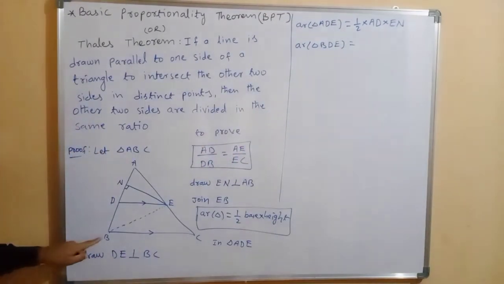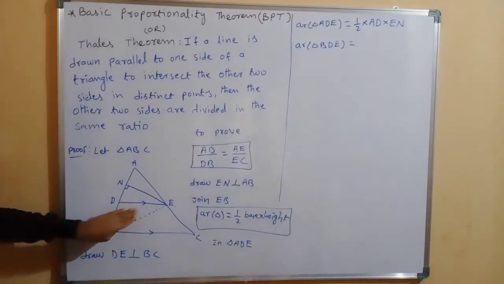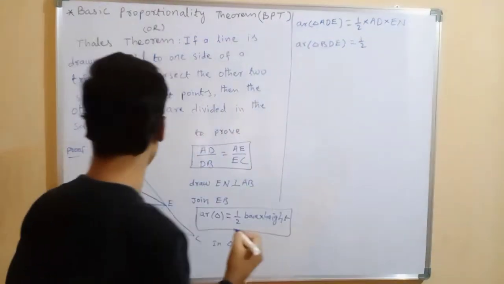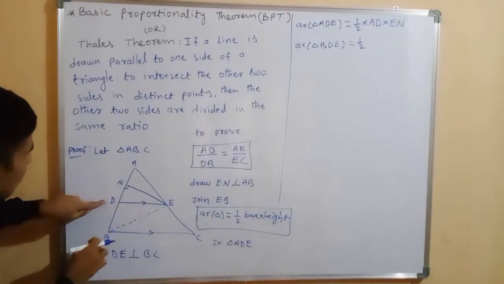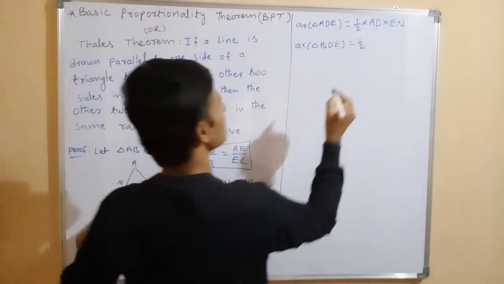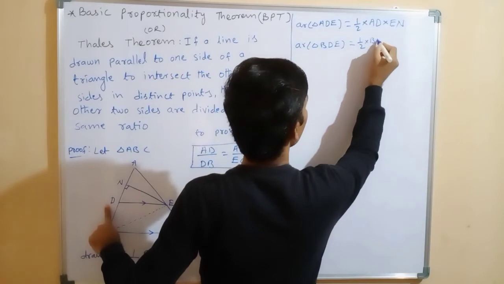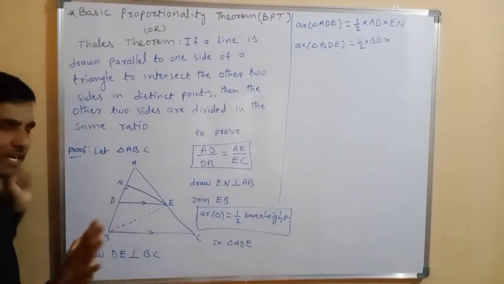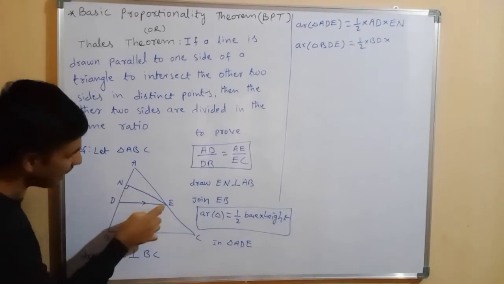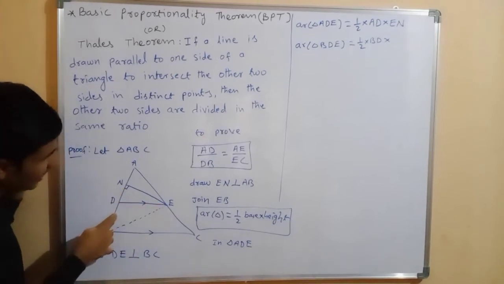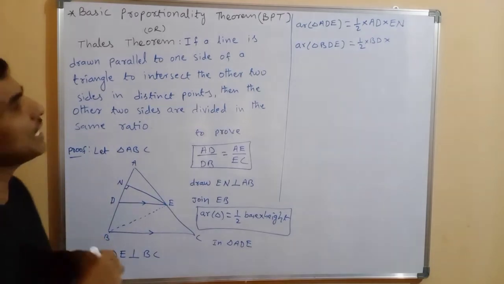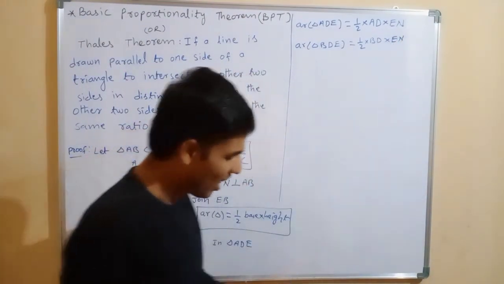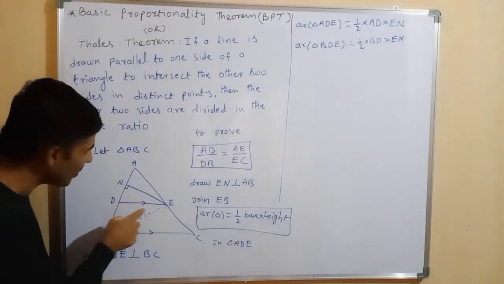For this also, half into base: we take BD as the base, and the height will be the same, EN. Here a little confusion may come: why take EN as the height here?